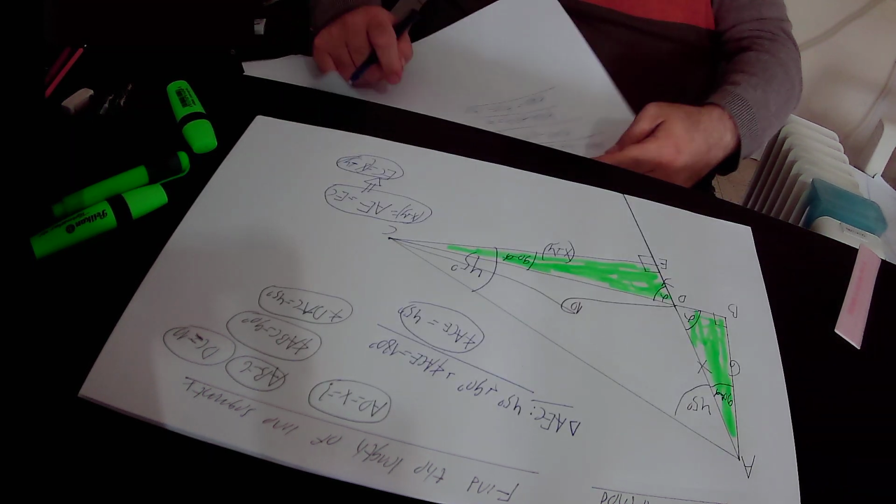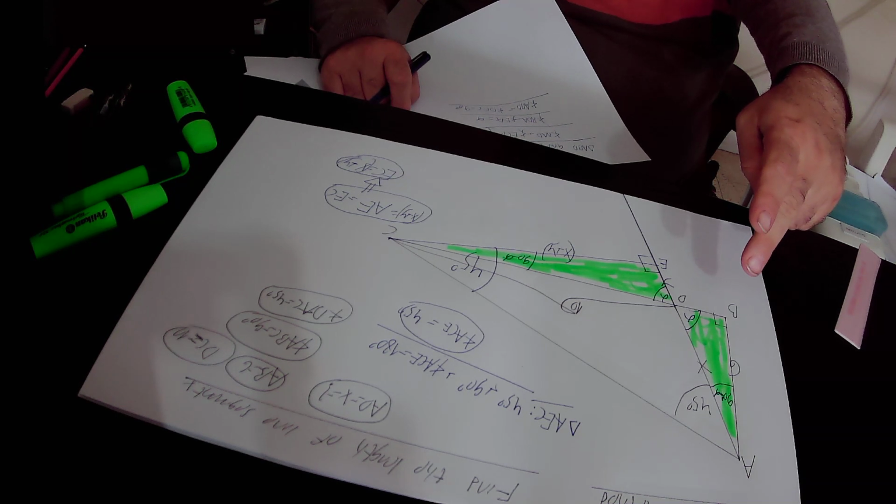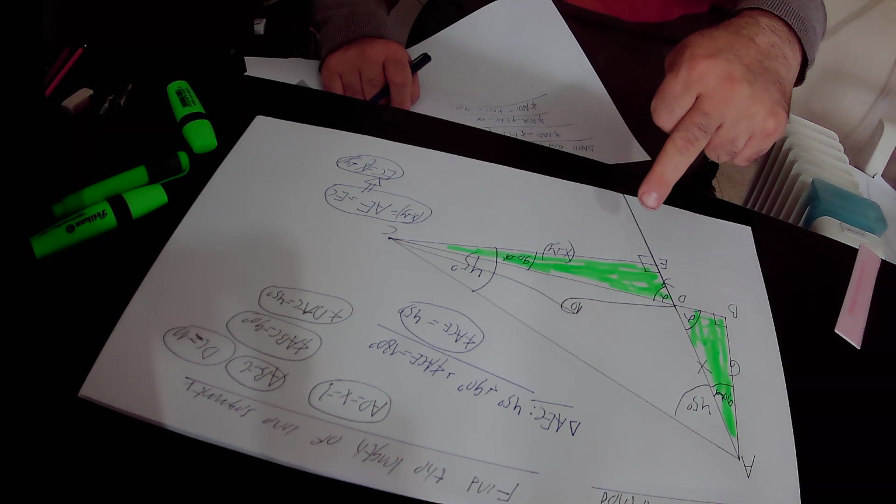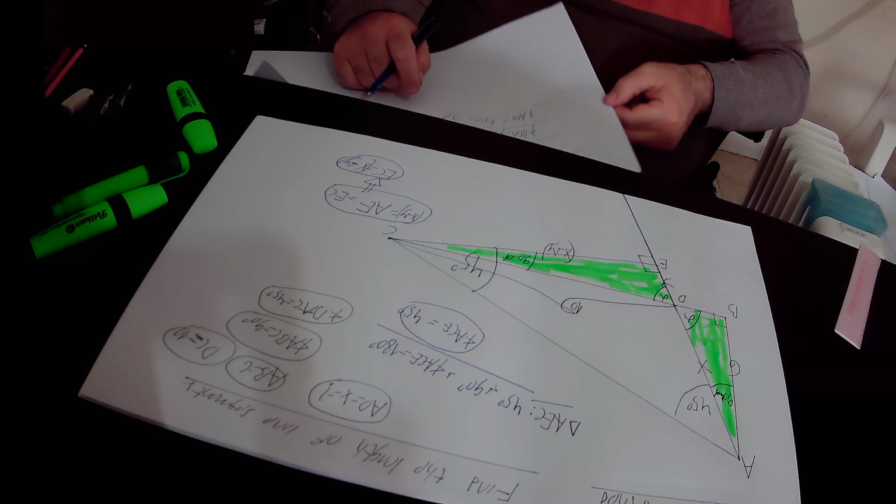So all the angles of the right triangle ABD are equal to all the angles of the right triangle EDC.